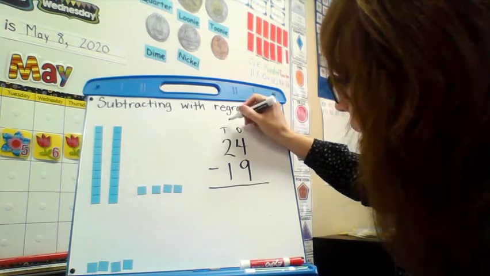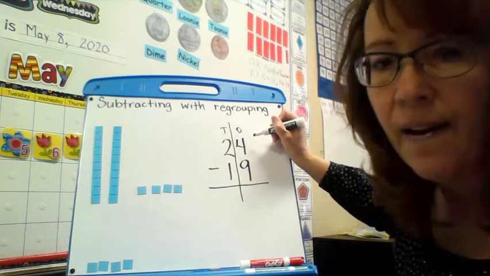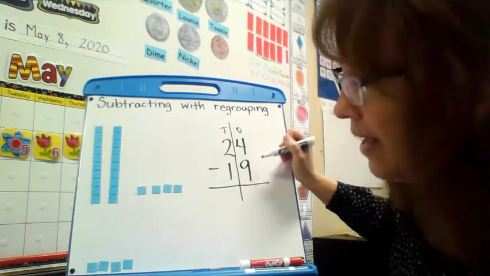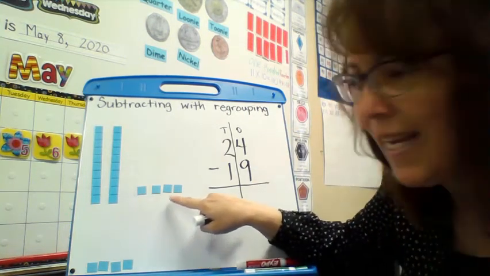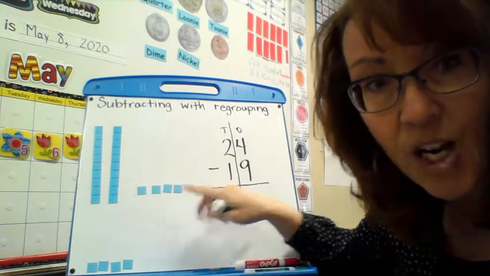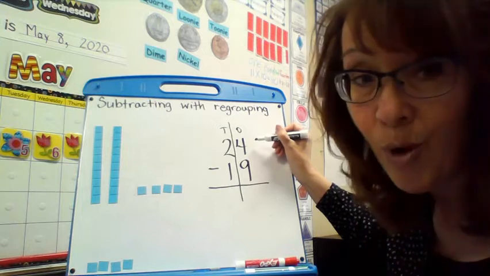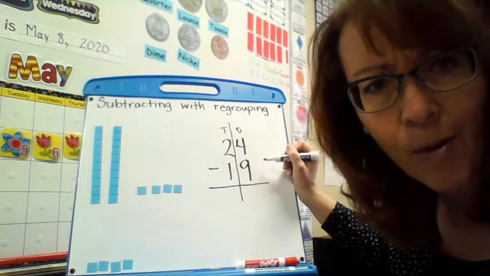And you know me, I like to split them. So now I'm looking right here in the ones place. I have 4, take away 9. If I have 4, can I take 9 away from that? No, I don't have enough. Do I have more on top? No, I don't. I have more on the floor.